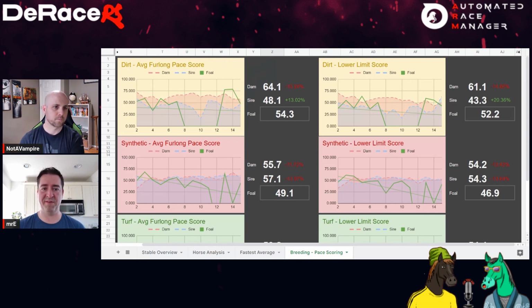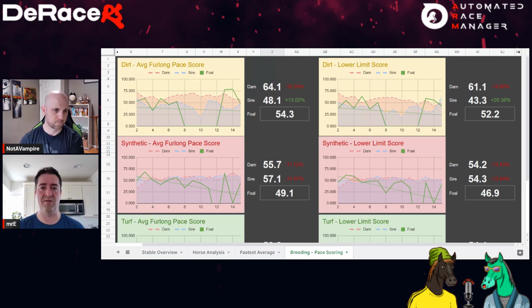So if you have a 50 or greater, you are better than the average pace of horses on a particular track. Now we compare the dam, sire, and foal, which is the mom, dad, and the kid, and we give them a ranking as they scale up and away from, and or down and away from, that 50% mark.